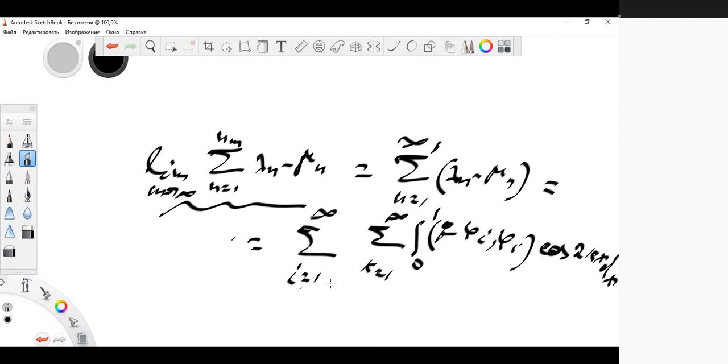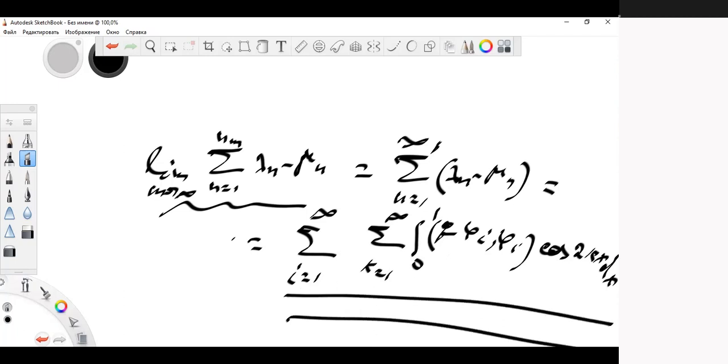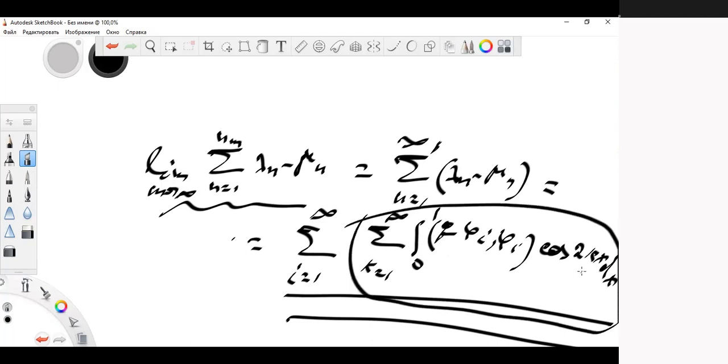They arrived at that sum, which, if you look at it, is in fact a Fourier expansion. If you consider just the inner sum, k is integers, natural numbers.